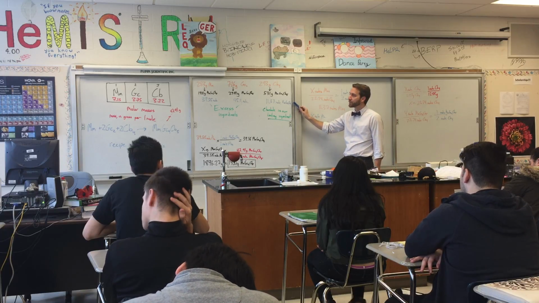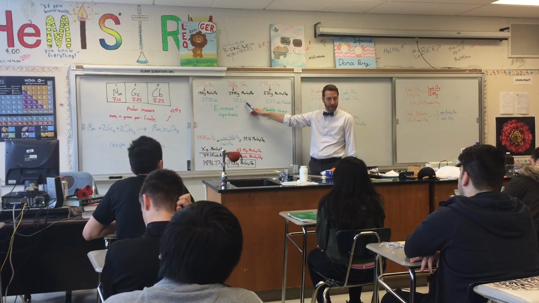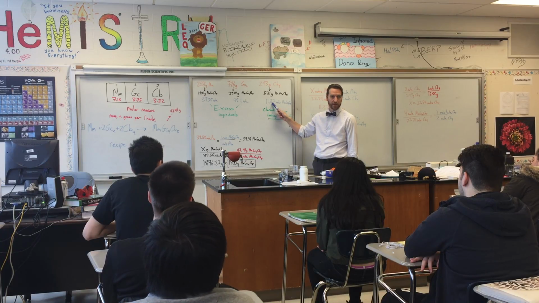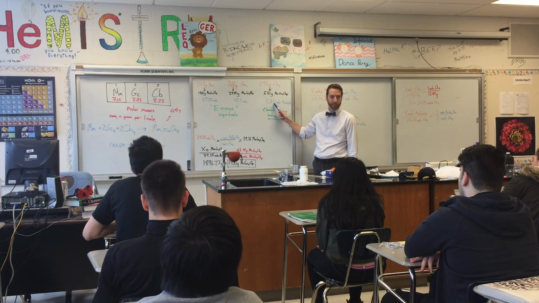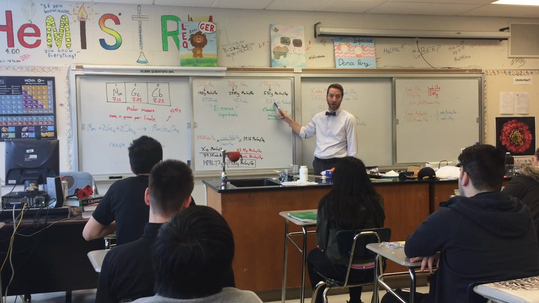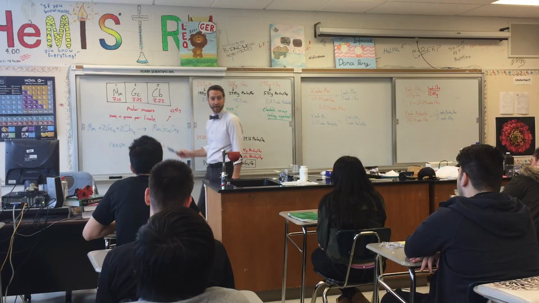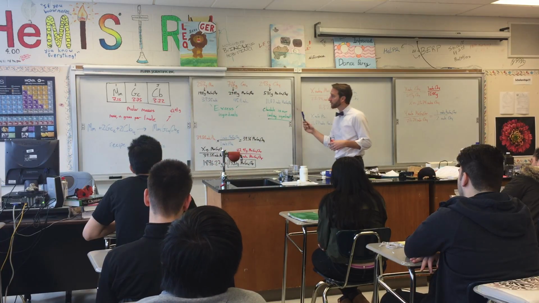Now, if I ask you to do it for graham crackers, are we going to need 11.37 graham crackers to use this up? No, because it takes 2 graham crackers for every s'more, right? So we'll have to set up that proportion for graham crackers.